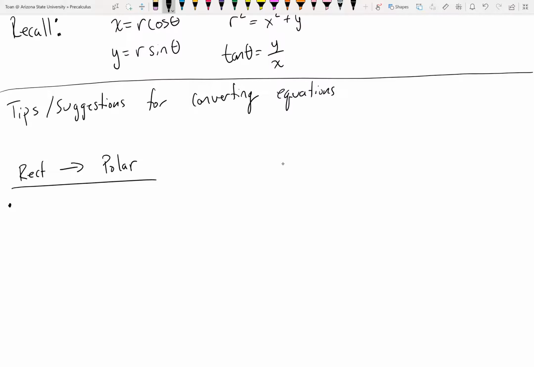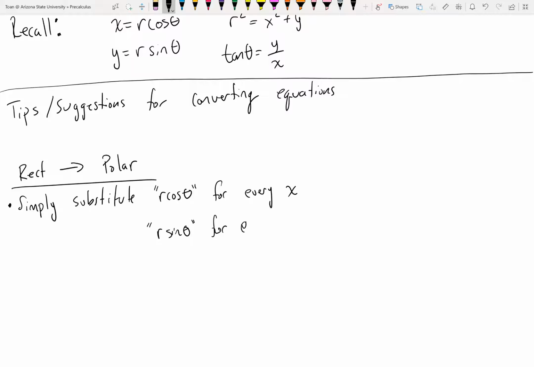You simply substitute r cosine theta for every x, substitute r sine theta for every y, and you want to solve for r or solve for theta whenever possible.